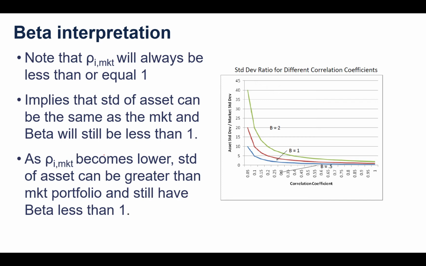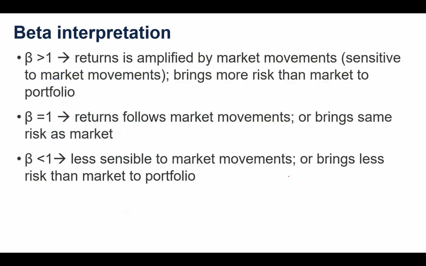And the opposite is also true. If an asset has more risk or more standard deviation than the market portfolio, it can also have a beta less than 1 because the correlation between them can be very low, right?